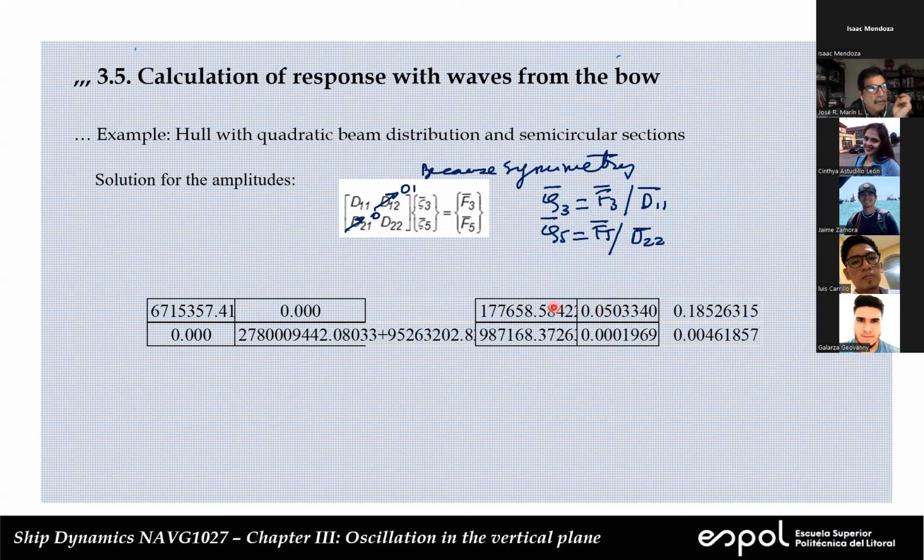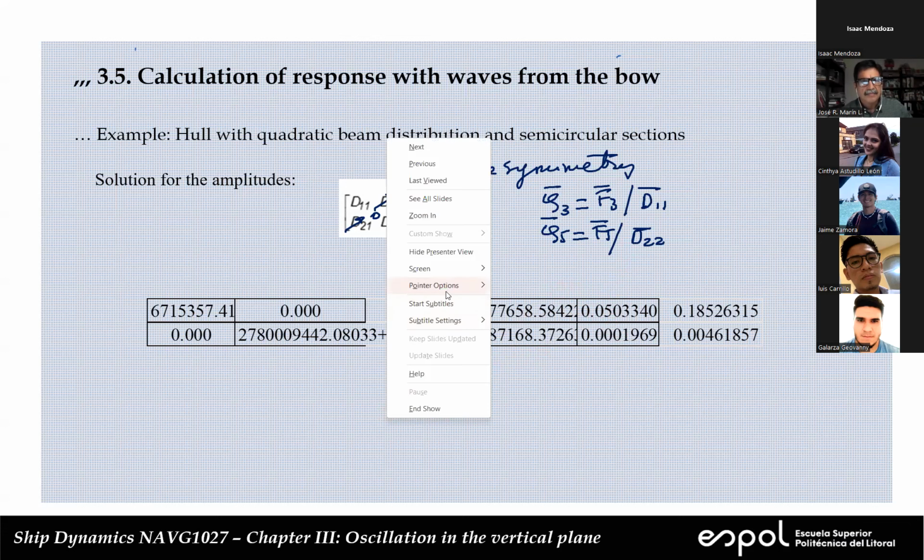But since both are complex, we have to use a special function in Excel. Similarly for this one. Do you remember the function that you have to use in order to get the quotient of two complex quantities? Anybody?